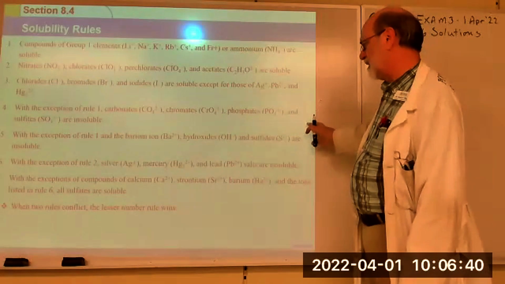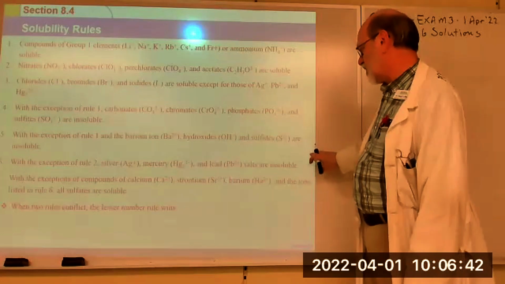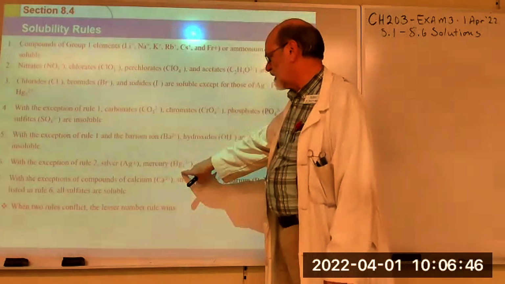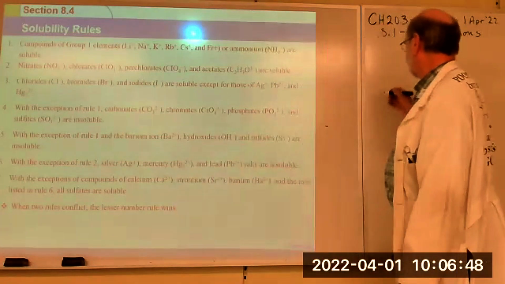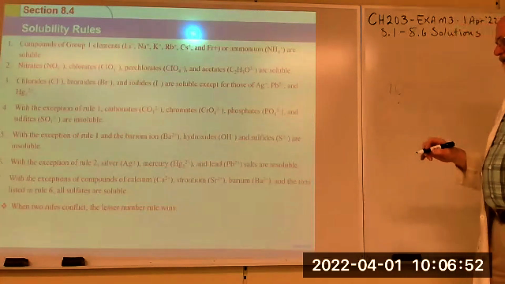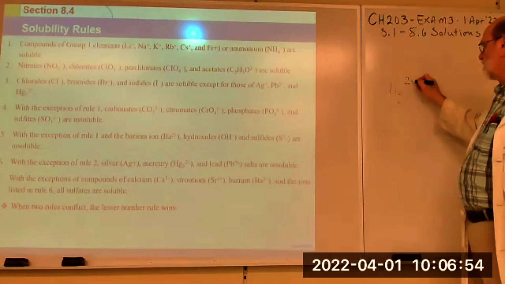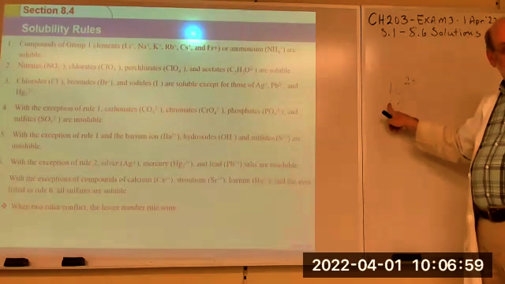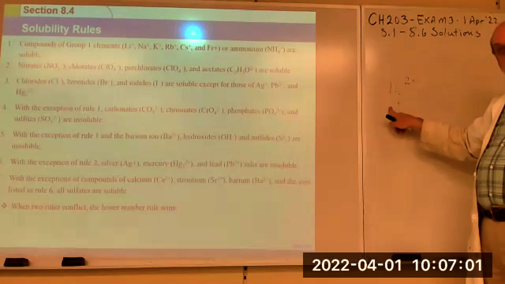Let's see. As far as rules go, focus on this one. If I haven't said it before, mercury is a funny ion. Mercury is always 2+. If it's by itself, that single atom is a 2+ charge.